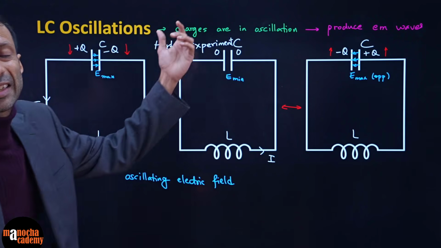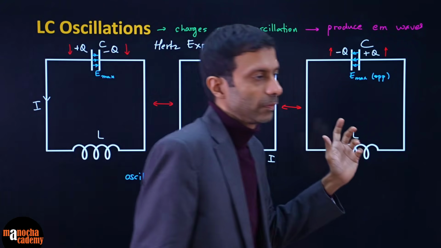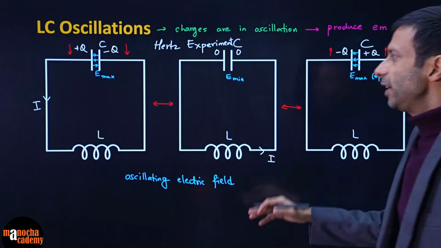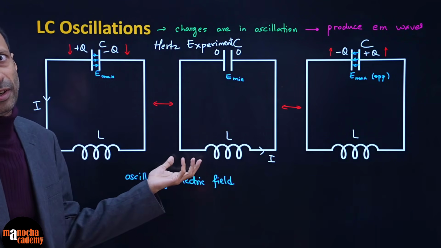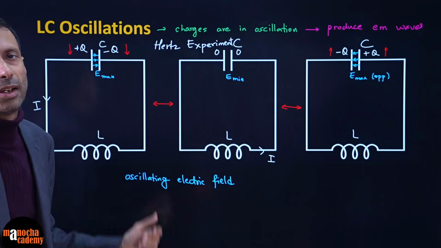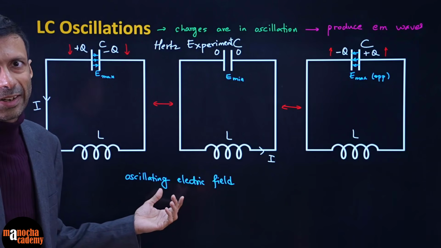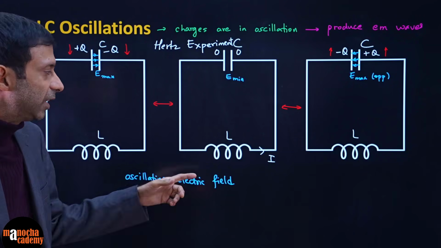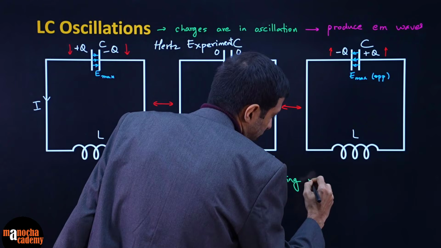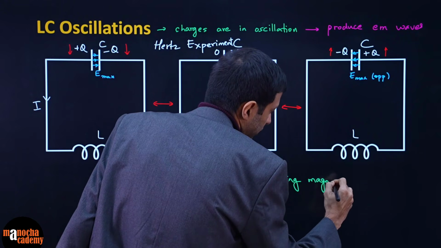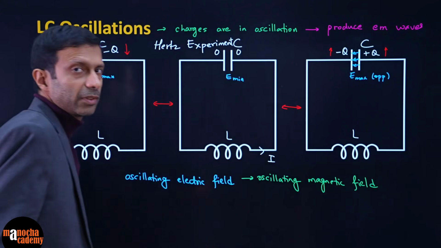The capacitor is getting an oscillating electric field. Do you guys agree? Yes or no? And this oscillating electric field will also produce an oscillating magnetic field, right? Which is associated with the inductor over here. Clear? So clearly there is an oscillating electric field, and this will produce your oscillating magnetic field. So get your concepts clear, absolutely clear. And this will produce your electromagnetic waves.